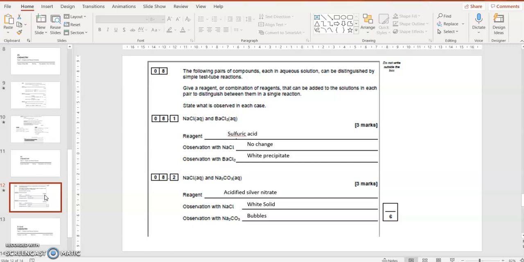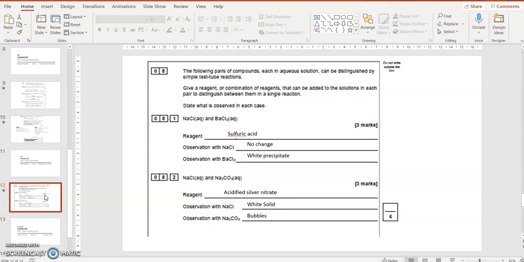Next question, why does it need to be acidified? Well, maybe you get a white solid and you think, okay, with acidified silver nitrate, that white solid must mean I've got something like sodium chloride because I've made silver chloride. But you might not have had sodium chloride, you might have had sodium carbonate.